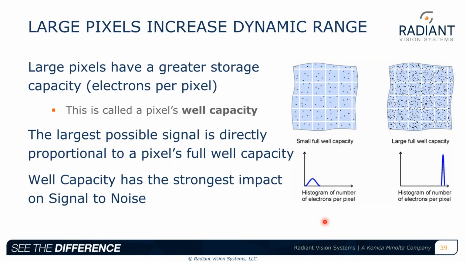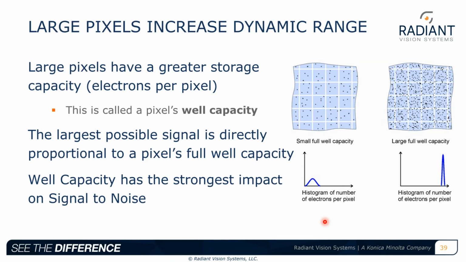The biggest impact we can have on signal is the well capacity. The well capacity is basically how many electrons can fit into each CCD well. One thing that comes into play here is something called shot noise.